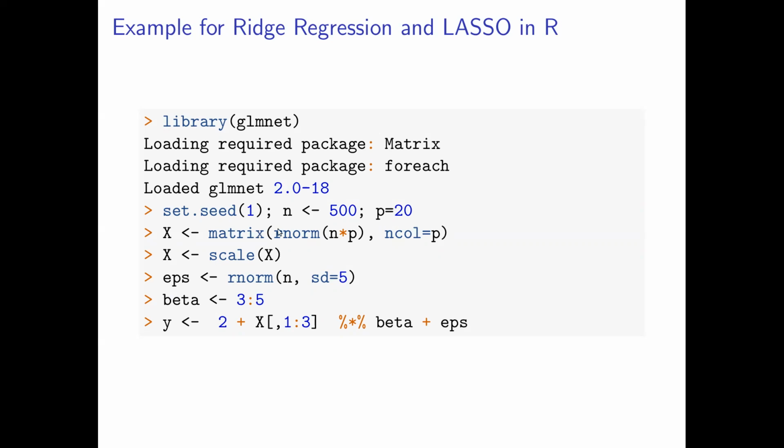This example is built to have 20 explanatory variables, but only the first 3 of those will be relevant for the y, whereas the other 17 will not be relevant at all. They are completely independent.